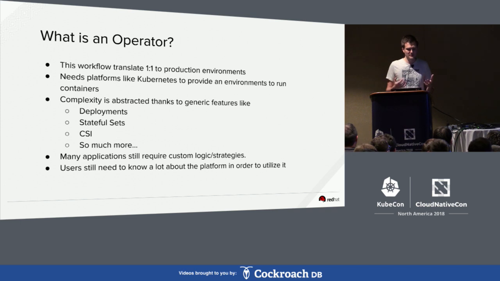And that domain-specific knowledge is all in the heads of either operations people or the experts that built the software or consult for the software. But that's it. Other than that, if you want to set it up and run it, you have to learn. So one thing that we want to do is fulfill that promise. Make it just as easy to run software in production as it is to run it as a development environment on your laptop.